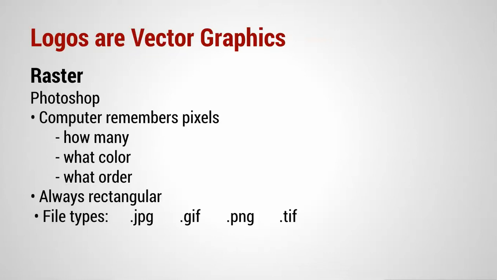And we'll look at an example in a couple slides. Raster graphics are always rectangular, and if you're dealing with a JPEG, GIF, PNG, or TIFF, then you are dealing with raster graphics, in which the file is remembering pixels.